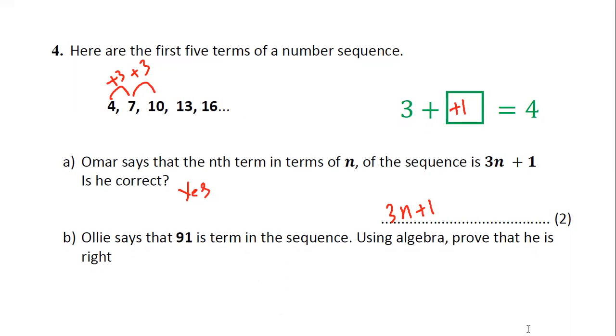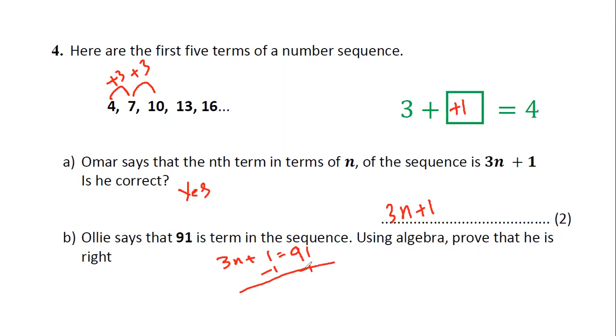Then it says, Ollie says that 91 is a term in the sequence. Using algebra, prove that he is right. What we can do is set this nth term, which is 3n plus 1, equal to 91, and then I can take the 1 from both sides.